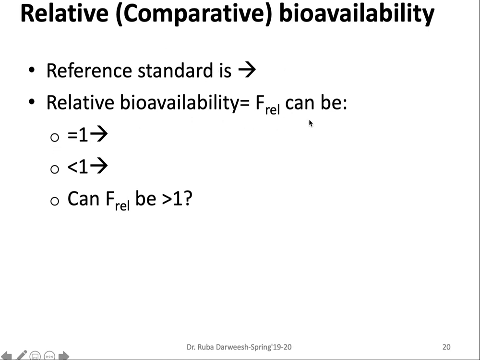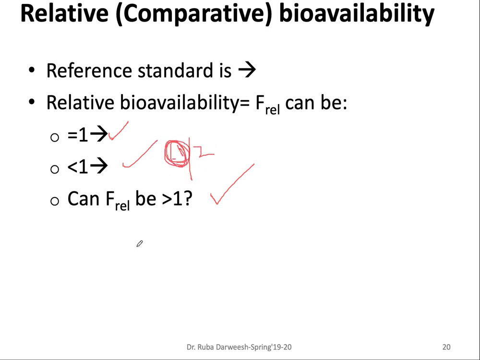The relative bioavailability could be equal to 1, yes, it depends on whatever we are comparing. Less than 1, yes, for sure. More than 1, yes, for sure. Less than 1 when we are comparing one formulation to another formulation, and this formulation is not giving me good bioavailability compared to this.